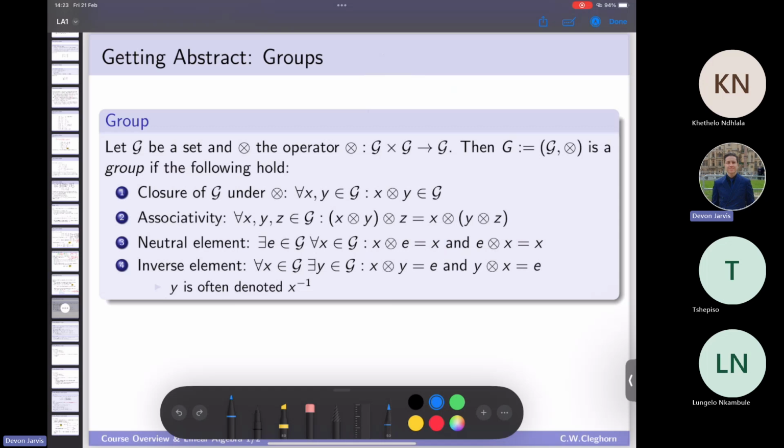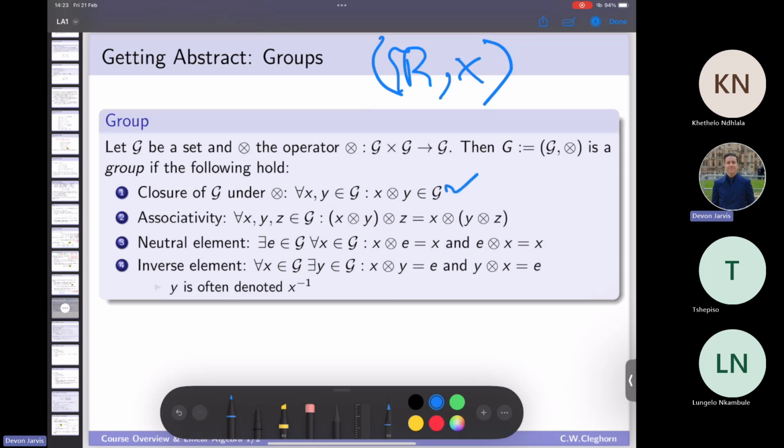Okay, so if I give you a real number, let's say we're looking at the set of reals and my operator is multiplication, right? Then in this case, if I take any two real numbers, x and y, and I multiply them together, do I get another real number?